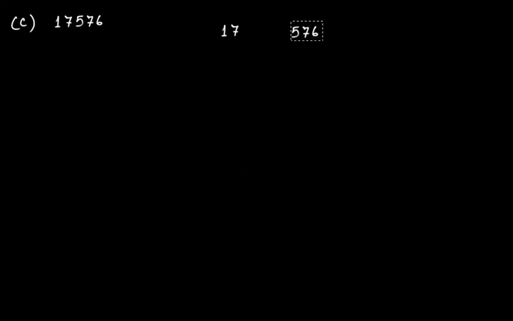These 3 digits will tell us the units place, and these 2 digits will tell us the tens place. Now tell me, this number 17,576 ends in 6. This is the cube number, and we have to find its cube root.